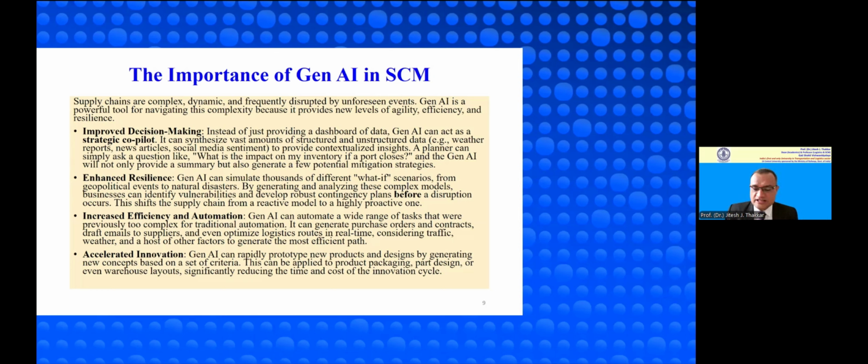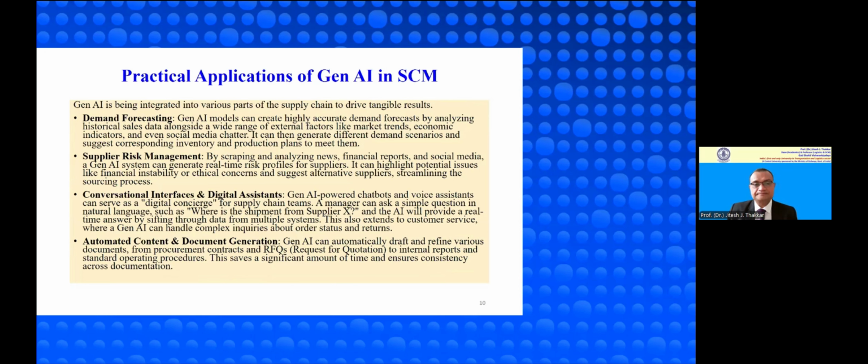Accelerated innovation is one of the core competencies of Gen AI, and it can rapidly prototype new products, design by generating new concepts based on a set of criteria, and this can be applied to product packaging, part design, or even warehouse layout, significantly reducing the time and cost of the innovation cycle.